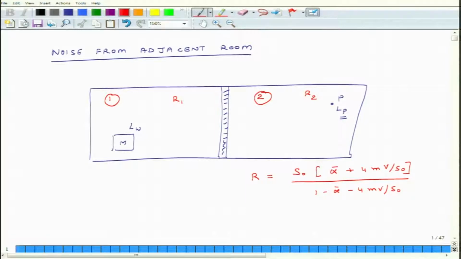V is volume, S naught is the internal surface area of the room, and alpha bar is the mean average surface absorption coefficient of the room.